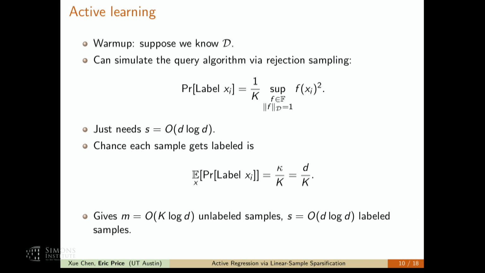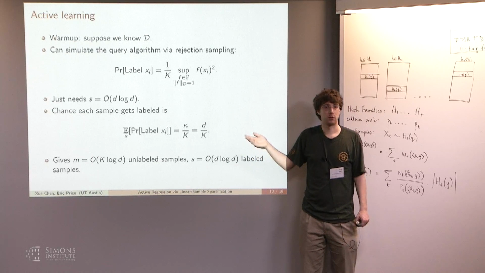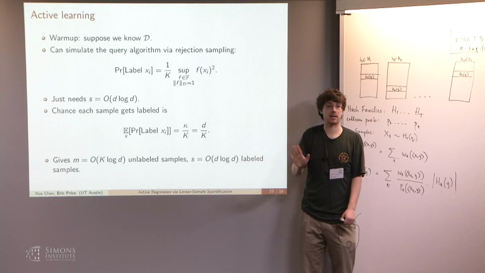That's great. Now suppose we don't know the distribution. Where does this algorithm use the distribution? Once we've sampled, we are just doing some ERM, so once you get your samples, it doesn't actually use the distribution.